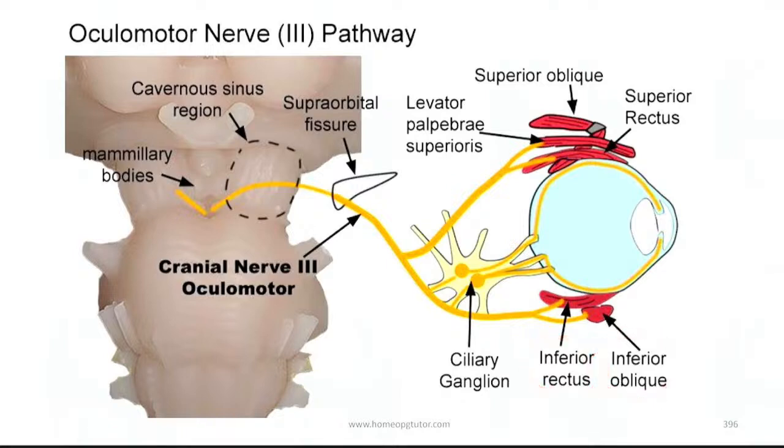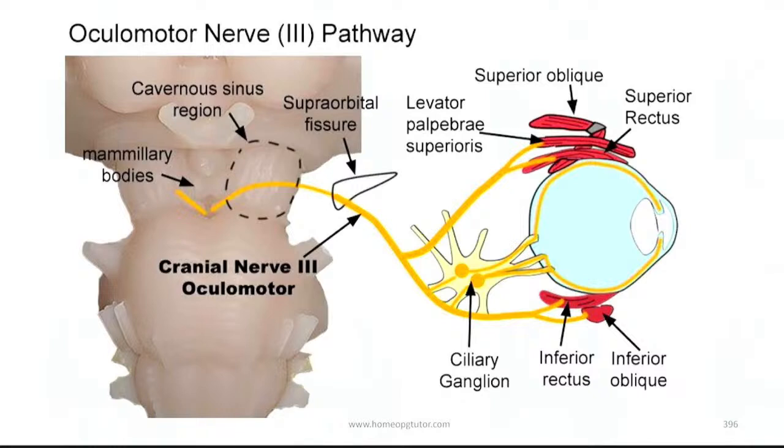Now, it also gives off preganglionic parasympathetic fibers. Remember about the constriction of the pupil, that is via the ciliary ganglion. The preganglionic parasympathetic fibers innervate the ciliary ganglion, which gives off supply to the ciliary muscles and is responsible for the constriction of the pupil.